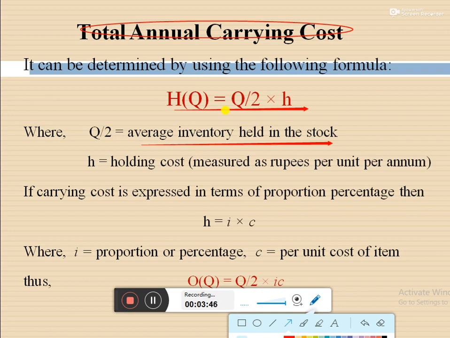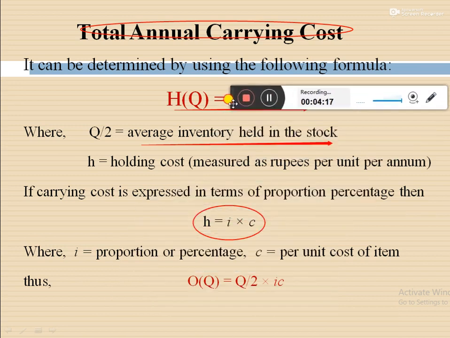So remember, in this formula we are going to use H, that denotes the holding cost per unit per annum. And in some cases, if the carrying cost is expressed in terms of percentage or proportion of the inventory value, then H would be calculated by using this formula, that is I times C, where I denotes the proportion or the percentage and C denotes the price or per unit cost of the item.